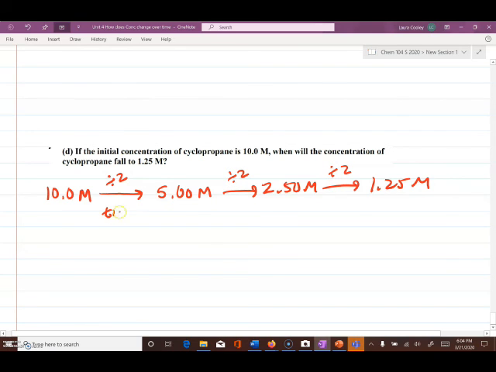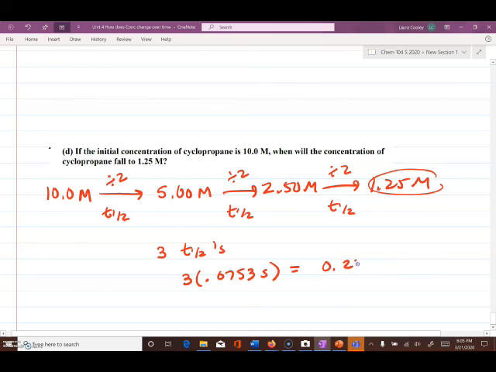And each time, the time that elapses is a half-life. And so sometimes when the numbers work out, this is pretty easy, and you end up with 3 half-lives. And since the half-life is 0.0753, this comes out to 0.225 seconds. Okay, so that's pretty fast.